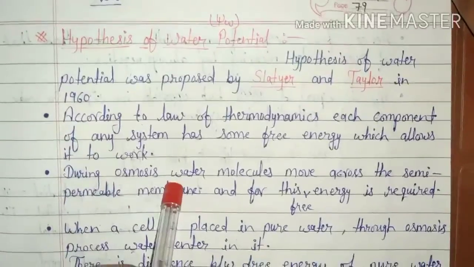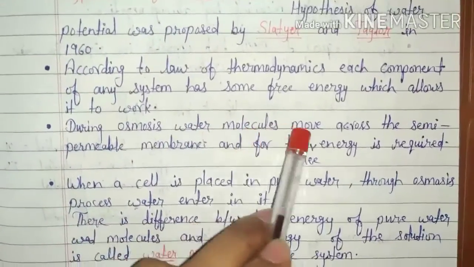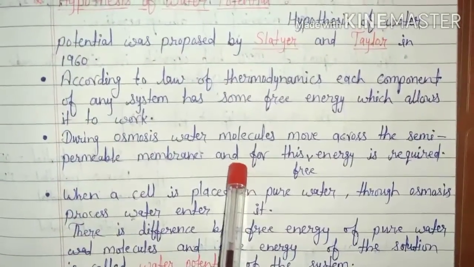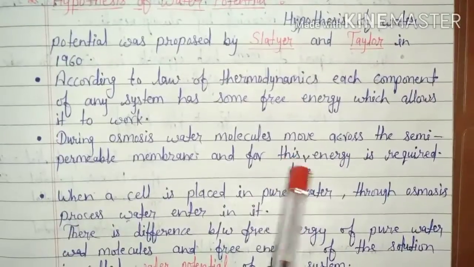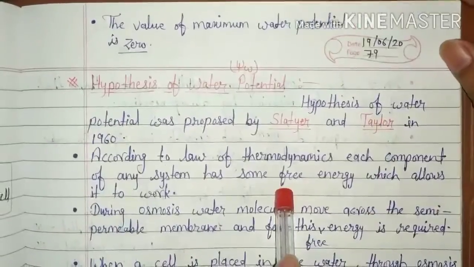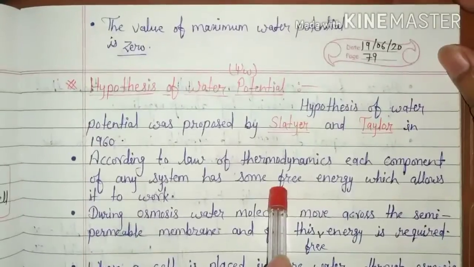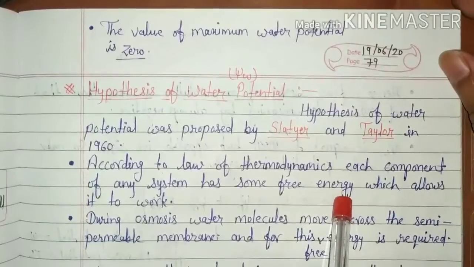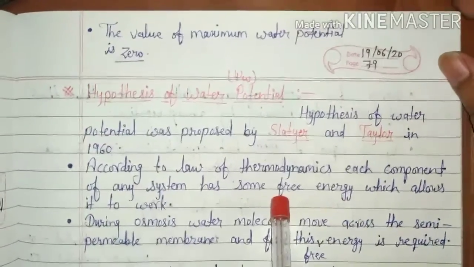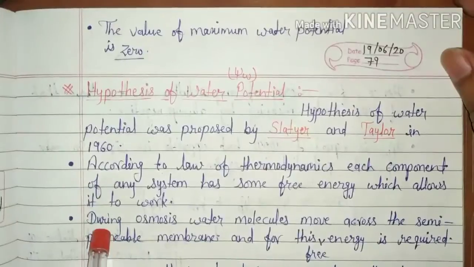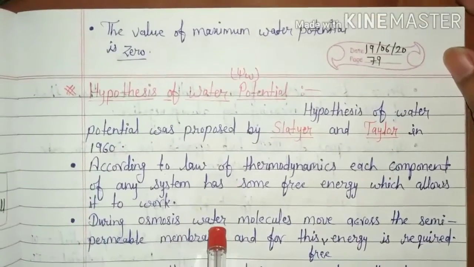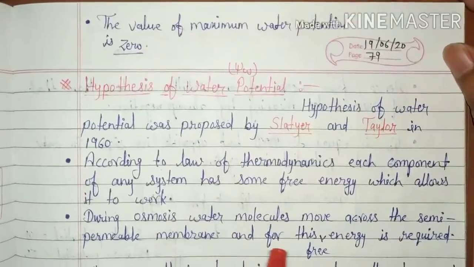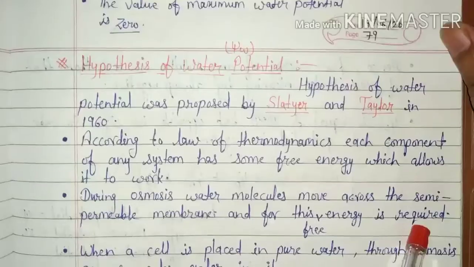During osmosis, water molecules move across the semi-permeable membrane, and for this, free energy is required. Free energy is also called Gibbs energy, and it is represented by delta G. During osmosis, water molecules move across the semi-permeable membrane and for this free energy is required.